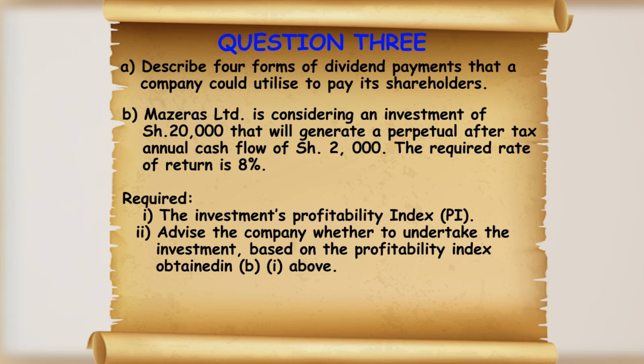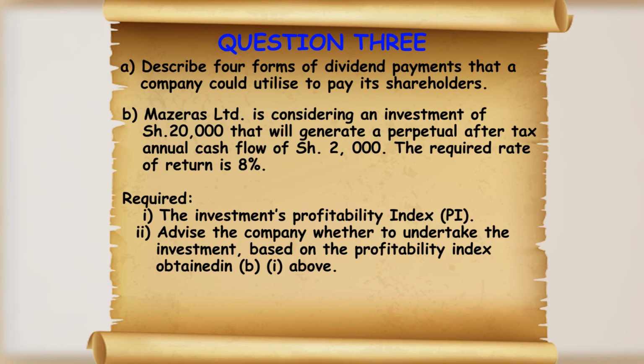The required rate of return is 8%. Roman 1: determine the investment's profitability index, 3 marks. Roman 2: advise the company on whether to undertake the investment based on the profitability index in B1 above.